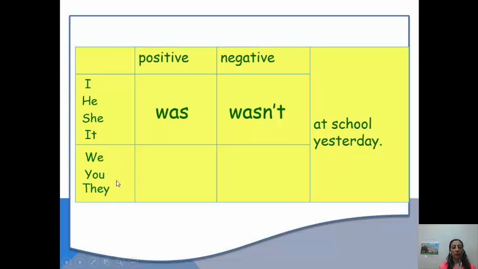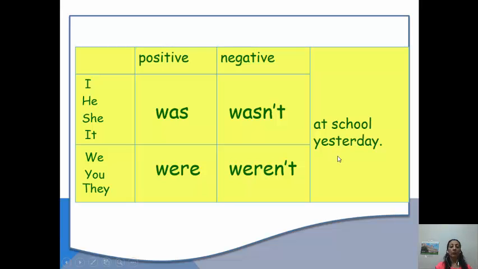With the rest of the personal pronouns, we, you, and they, we use were in the past, weren't the negative form. So we can say, I was at school yesterday, or he wasn't at school yesterday. We were at school yesterday, or they weren't at school yesterday.